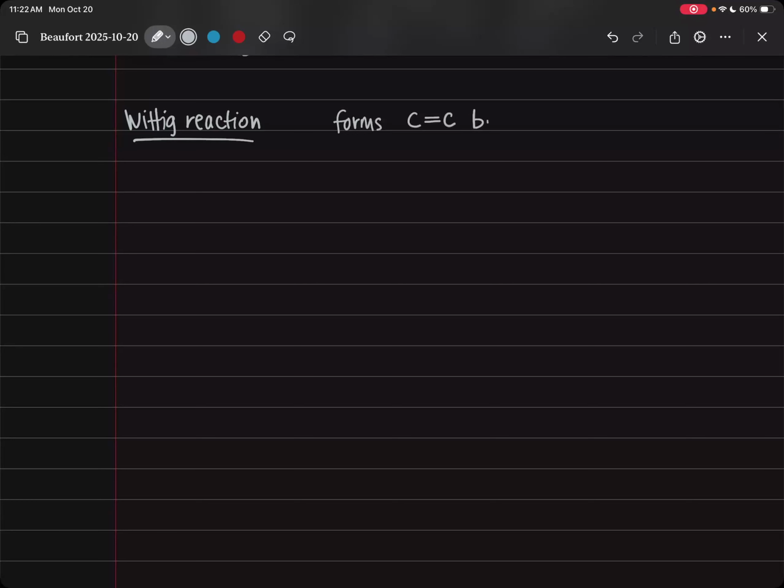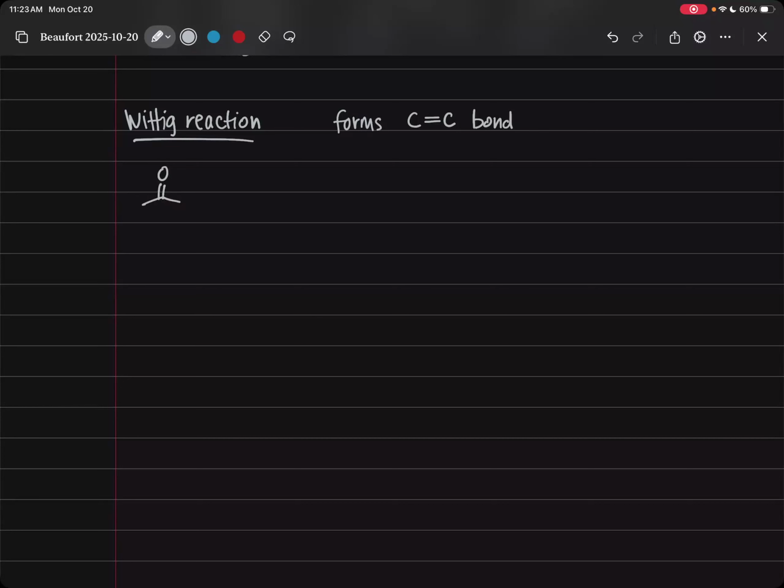And this one is particularly interesting because rather than forming a carbon-carbon single bond like the Grignard reaction, this forms a carbon-carbon double bond.